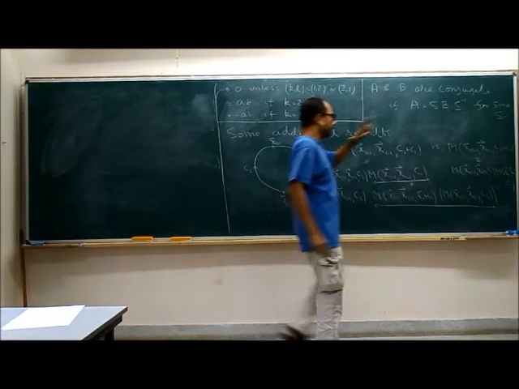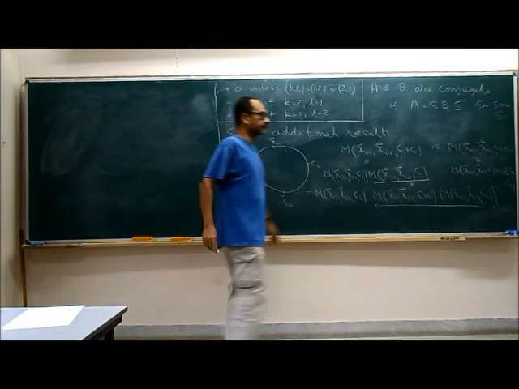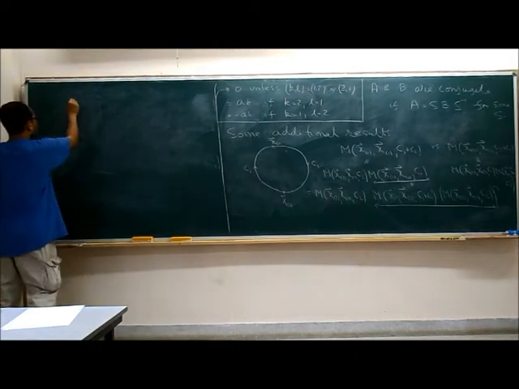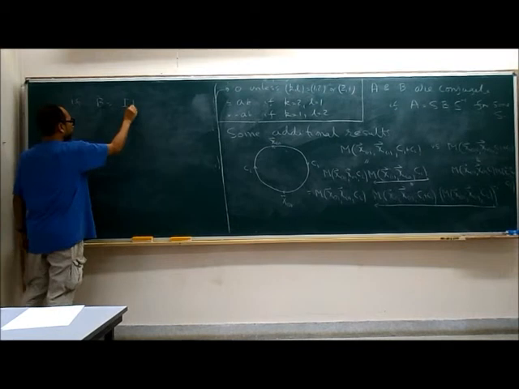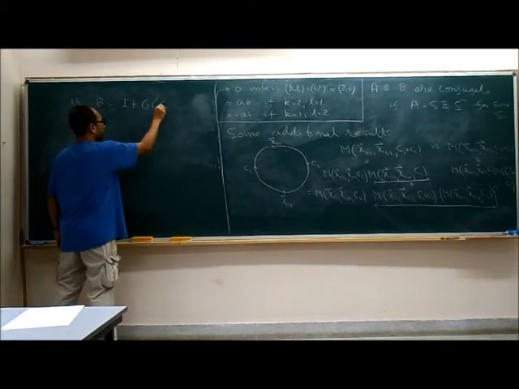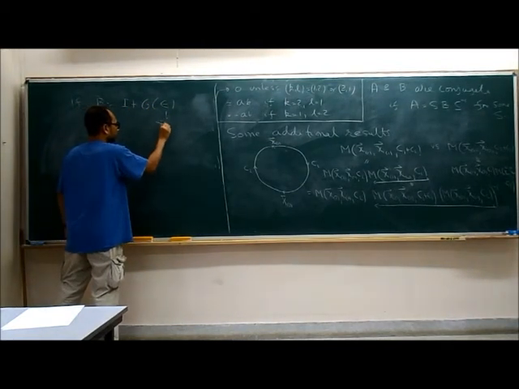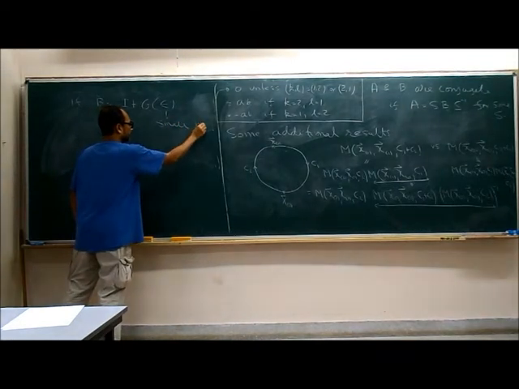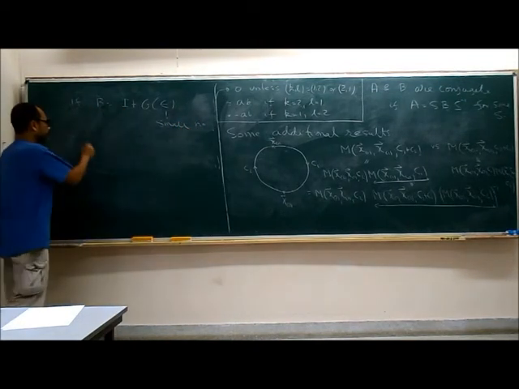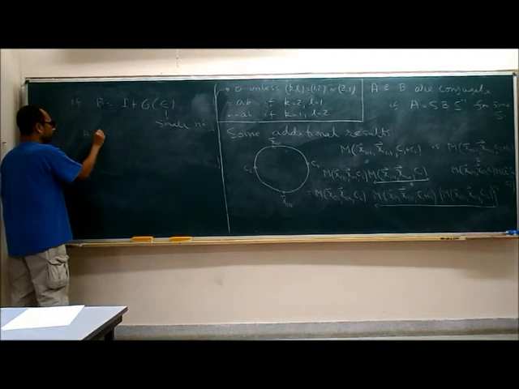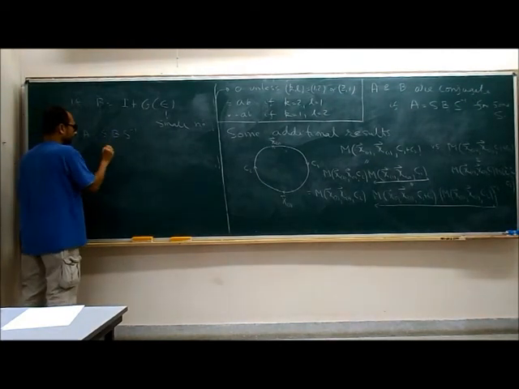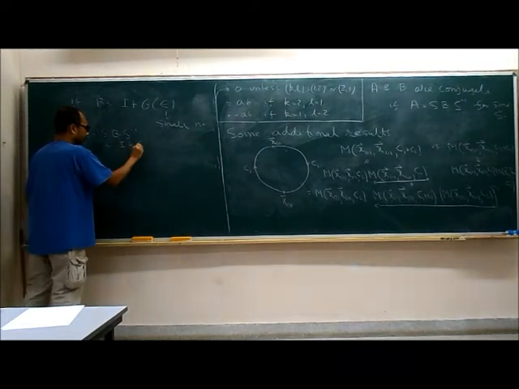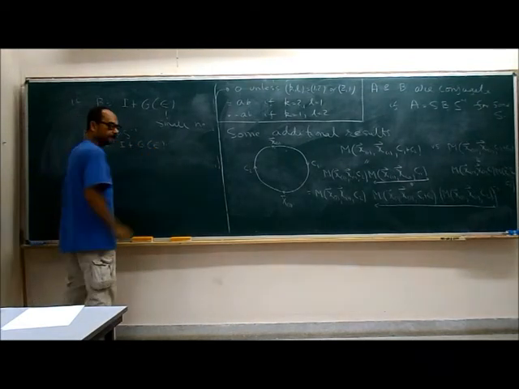Given two matrices like this, if B has the form of identity plus order epsilon, where epsilon is some small number, then A, which is S B S inverse, is also of the form identity plus order epsilon.